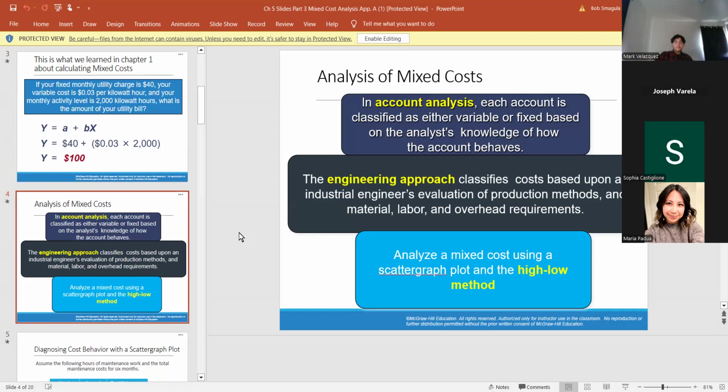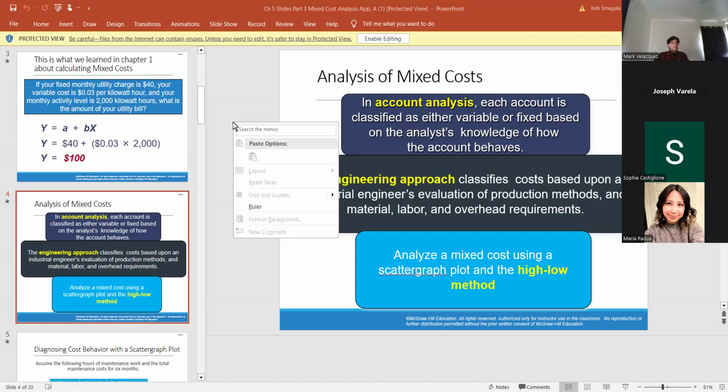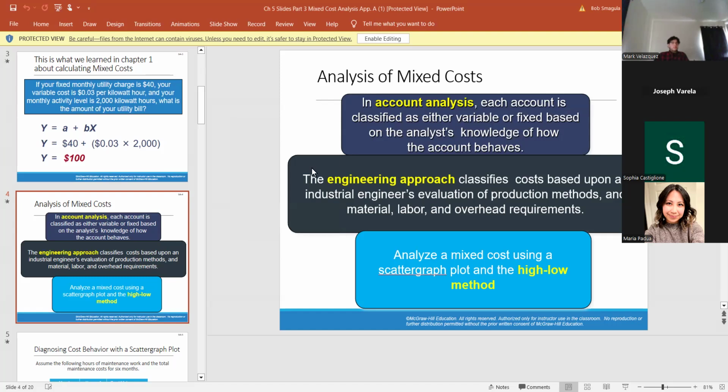In terms of analyzing the mixed cost, each unit, each account, is either variable or fixed, based on how we believe the cost behaves. The engineering approach classifies costs based upon an industrial engineer's evaluation of production methods and material, labor, and overhead. Boy, that's a lot of talk to say they kind of know what the mixed costs are all about.